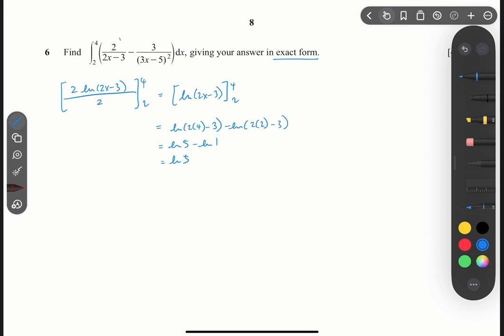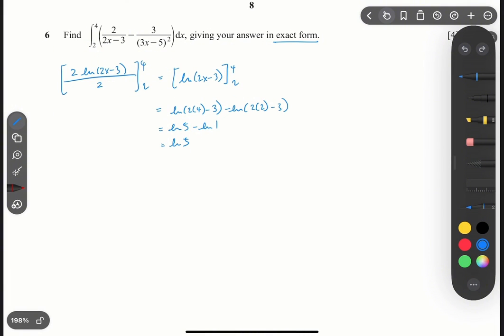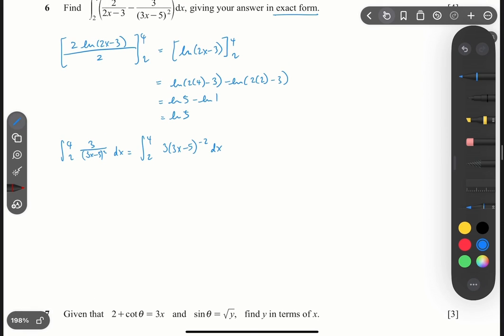So this is the first part of this equation. And for the second part, it will be this. So I will rewrite the equation just to make integrating a lot easier.